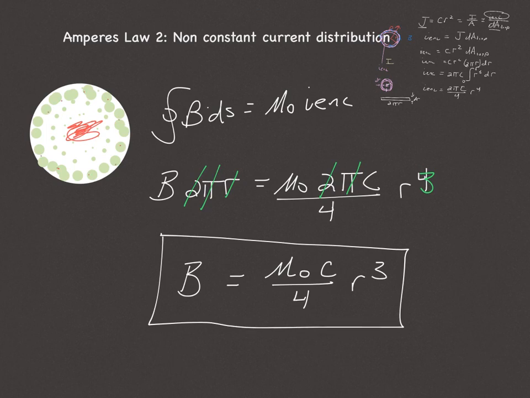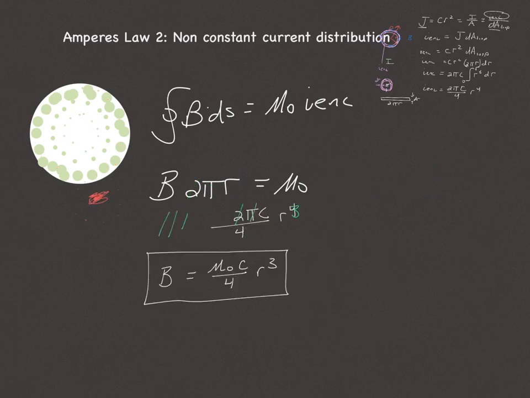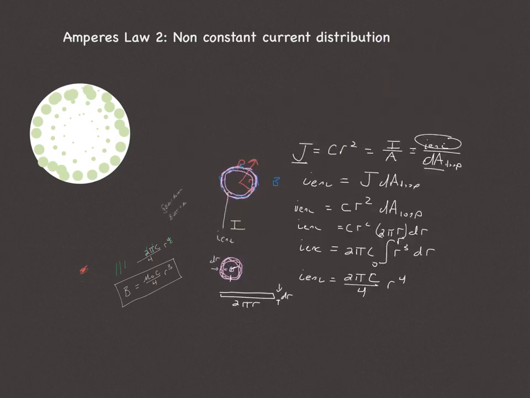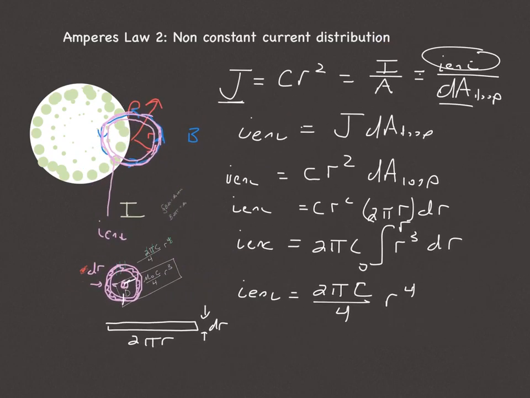It would just be an inverse relationship, and we just got to make sure we can do this setup right here for whatever function they give us as the non-uniform charge density, or current distribution density. All right, so that's it for Ampere's Law. If I can get another one of the non-uniform examples together, I will, or maybe we'll just get one done in class.